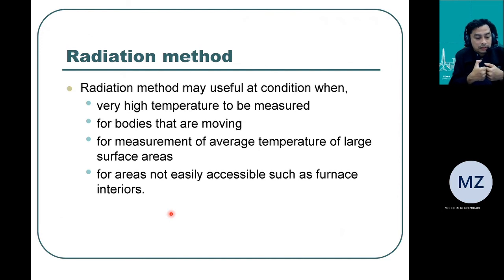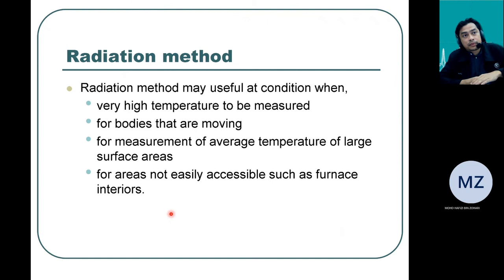So from that, we can see the two mechanisms of how the radiation method works. First, by collecting the energy, absorbing the heat, and the other is by looking at the brightness of the object. Some objects create their own light.